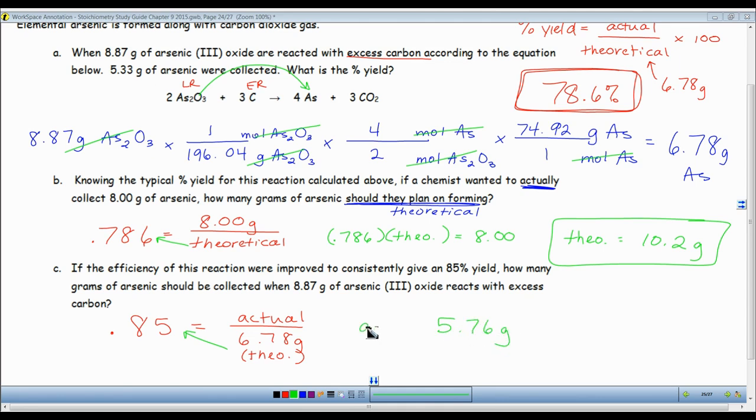That's our actual in this case. We'd only collect about 85% of our product, so just multiply by 0.85. So parts B and C were just little different spins on that equation. Percent yield equals actual over theoretical.